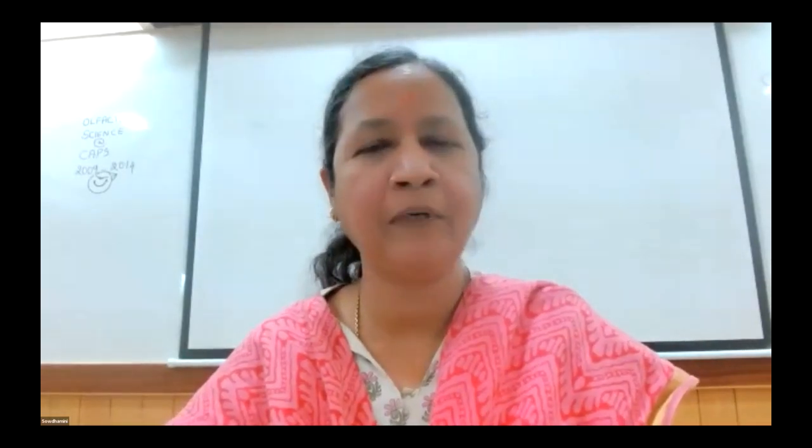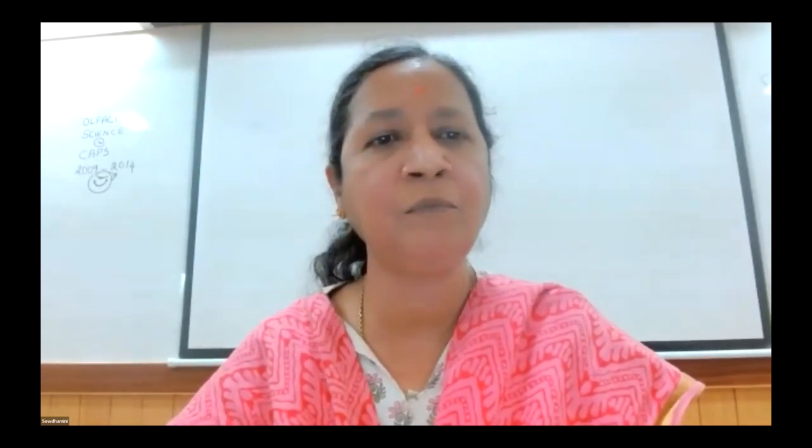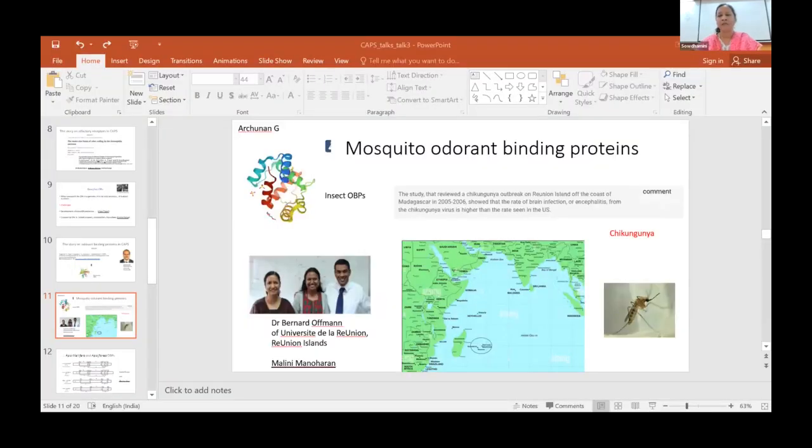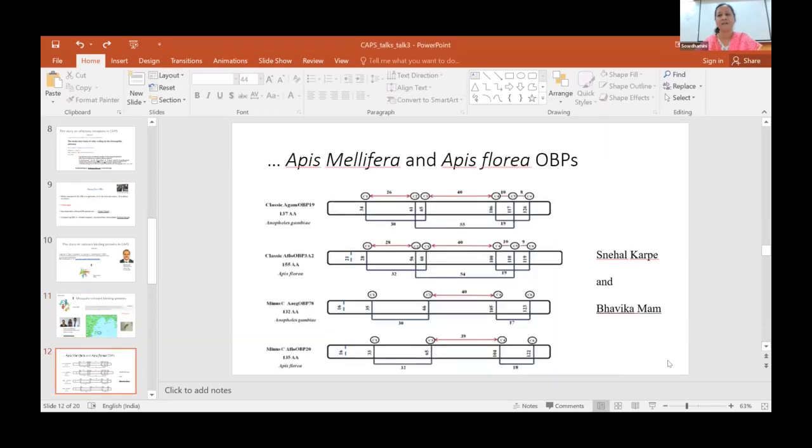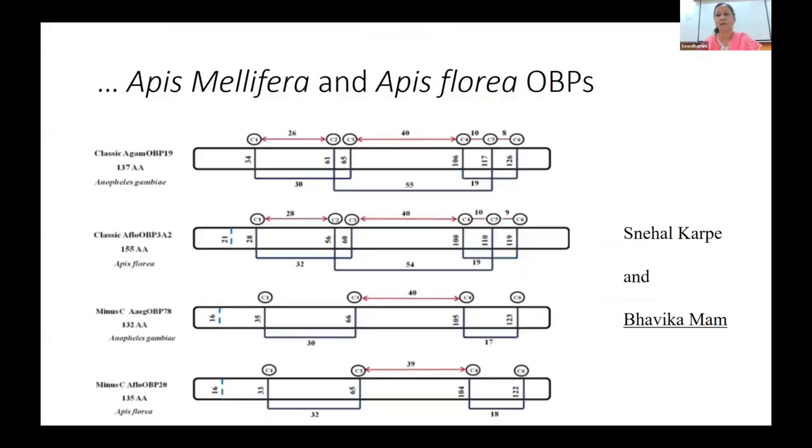Right. I hope you have enjoyed hearing this sub-story by Bhavika. Starting to summarize this third story, what we have been hearing from Malini and later by Bhavika is that the classic OBPs and the atypical OBPs are related, because the atypical ones seem to be twice as much as the classic ones.